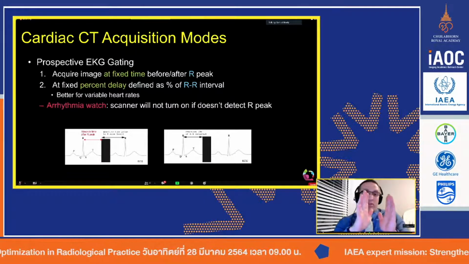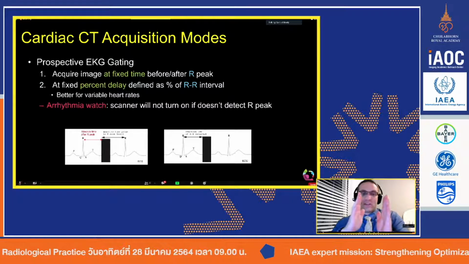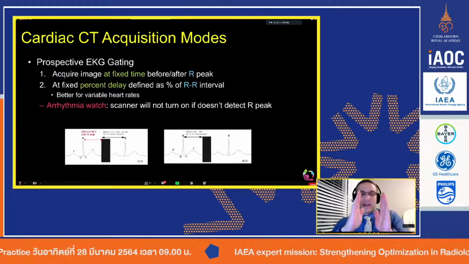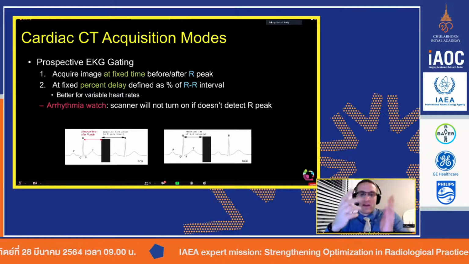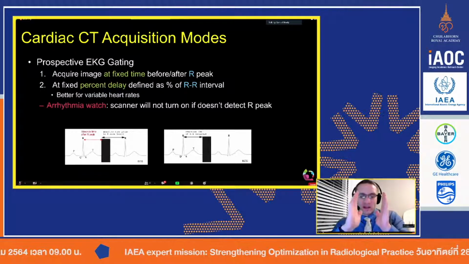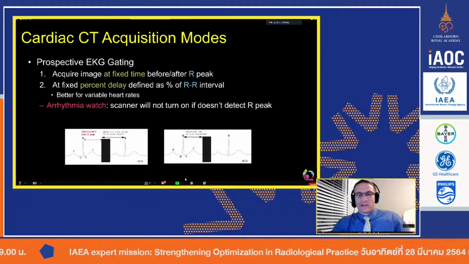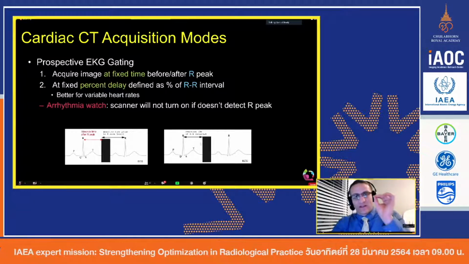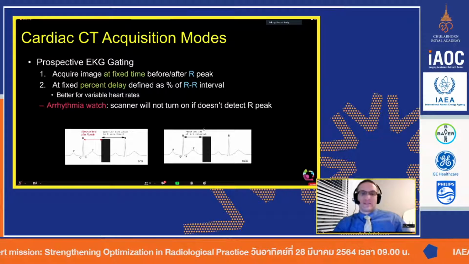It's not going to acquire any images until the R to R gets back to its normal average. And then it'll start acquiring data again. That's their way of making sure it's more accurate at collecting the data at that specific diastolic phase you've asked for.